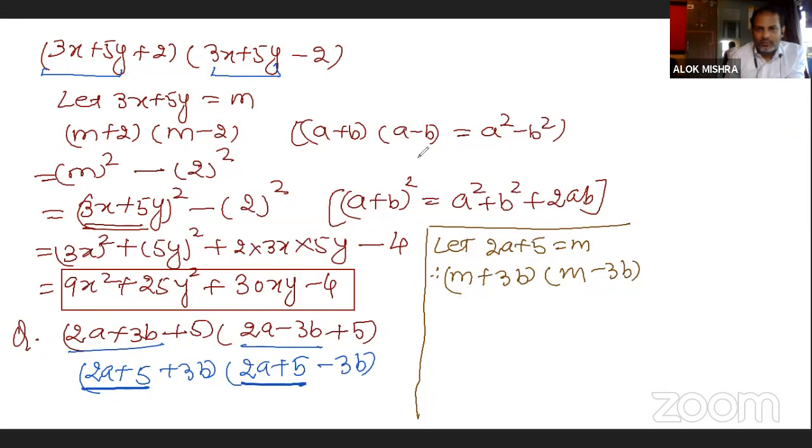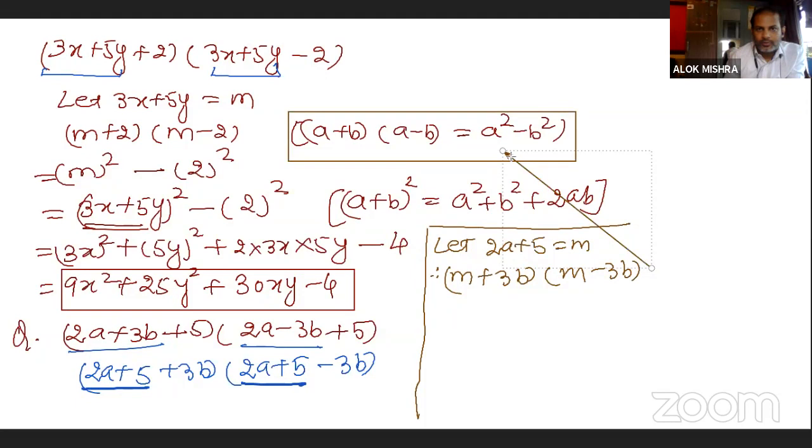I'll be using this particular formula. What formula? Already I have mentioned. It is of the type a plus b into a minus b. So the formula I'm going to refer to for this question is this one. Fine. This particular formula is going to be used.